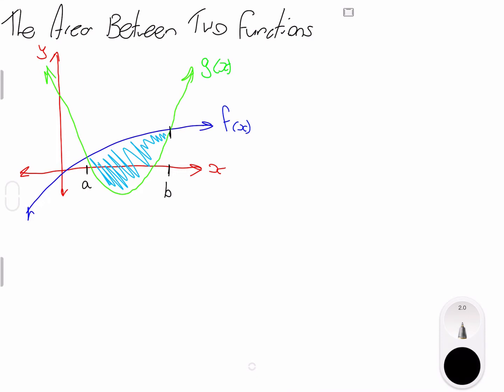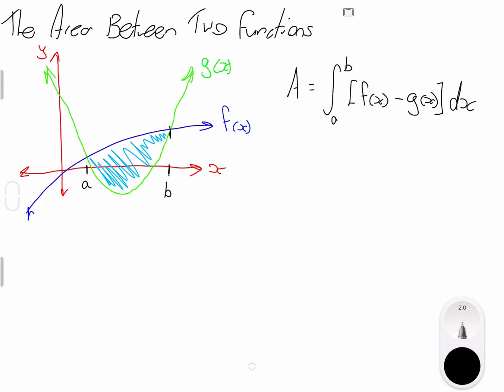Alright, so the area that's shaded, which I'm going to call in this case A, is just going to be given to us by the definite integral between A and B, because the shaded area is between A and B, of f of x take g of x, and of course with respect to x.